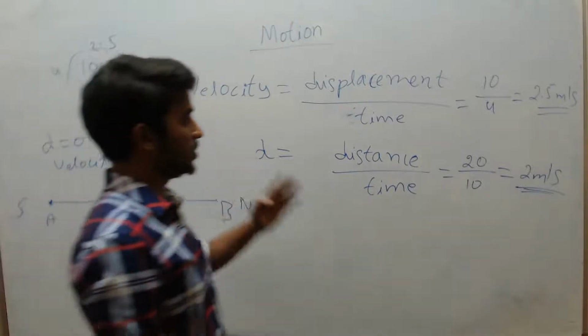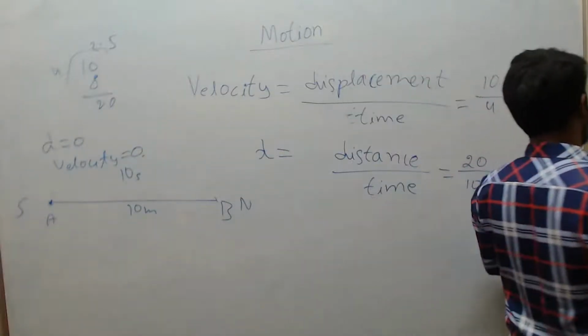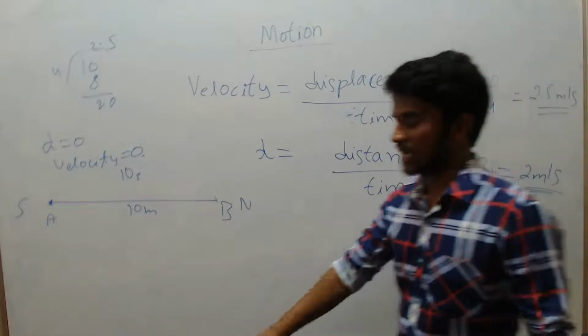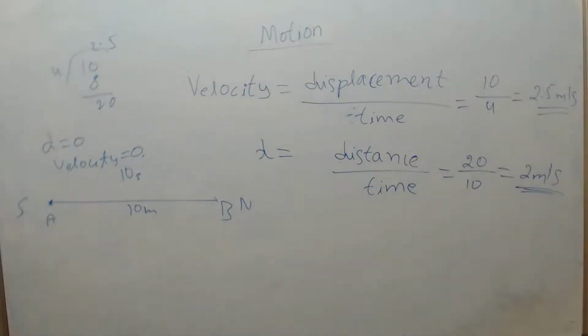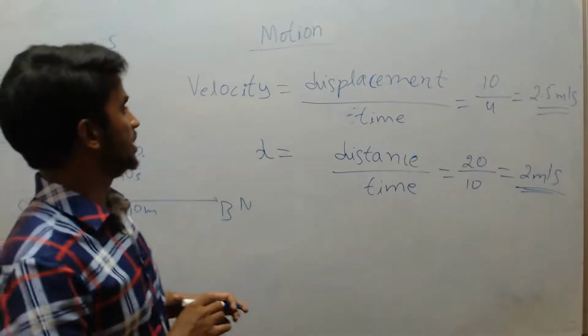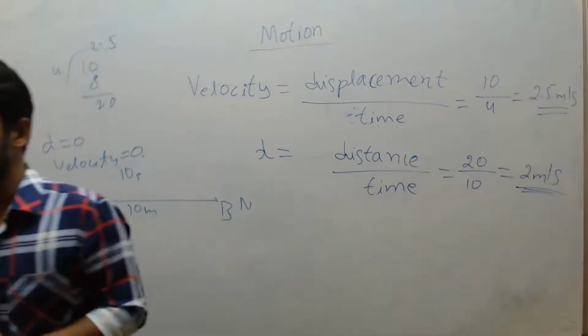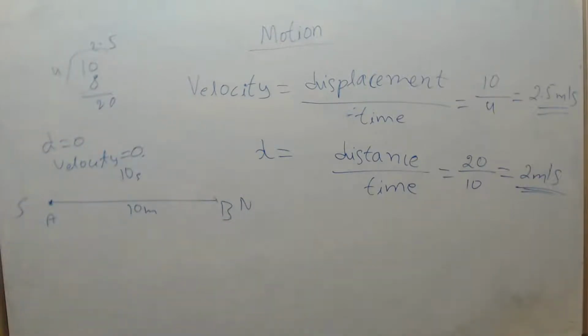Because velocity is equal to displacement by time. So in this case, that object started its journey at A and ended at A only. Okay, here there is no shortest distance. So that's why velocity is equal to 0. Clear? See, in a straight line path, both speed and velocity are the same.